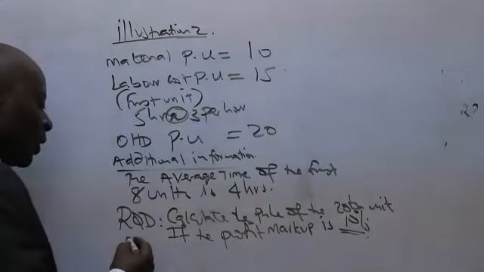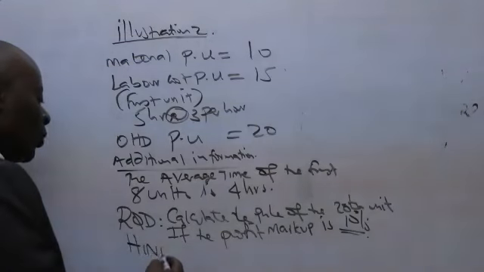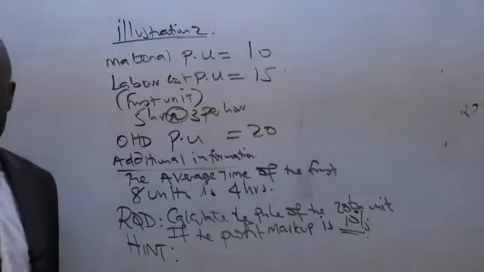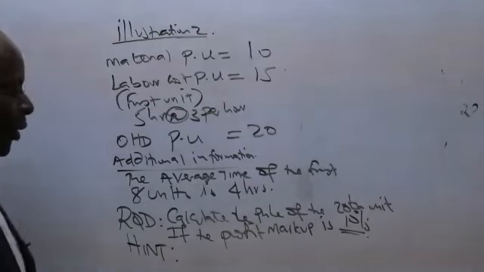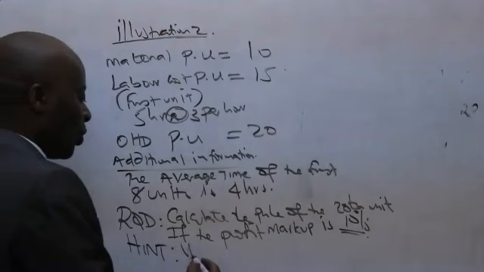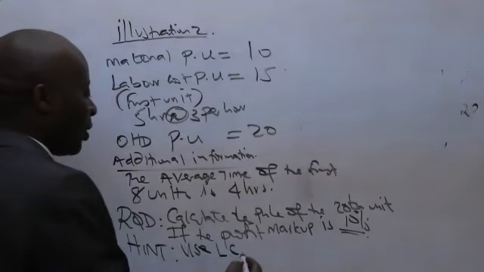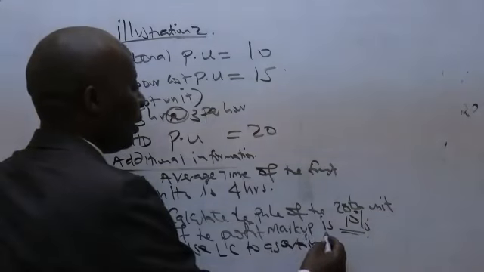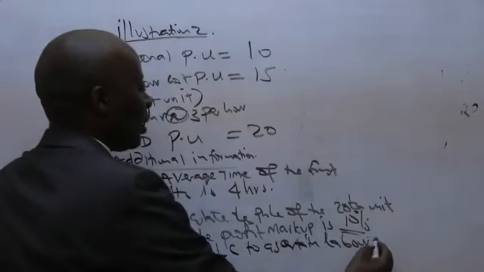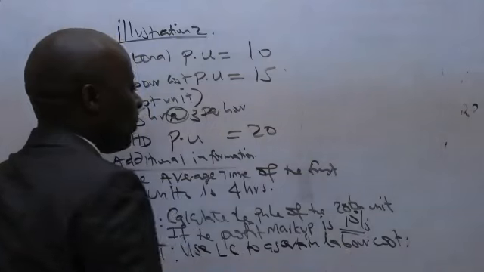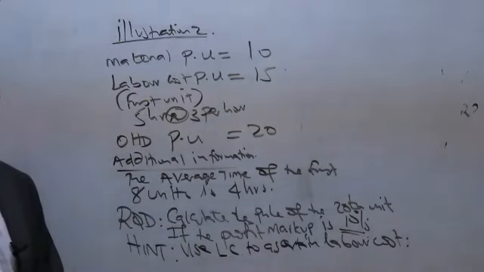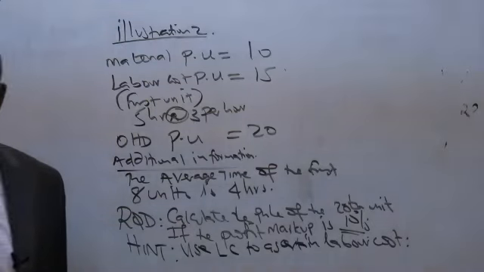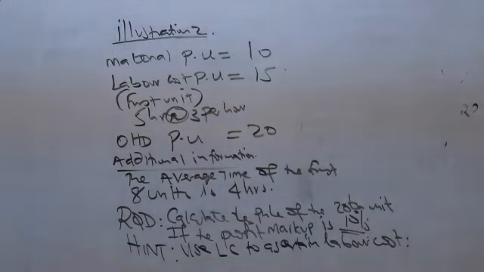And then, of course, even to help these students a little bit, it's not very good for you to be a sadist as an examiner, right? So hint: use learning curves to ascertain labor cost. 12 marks.